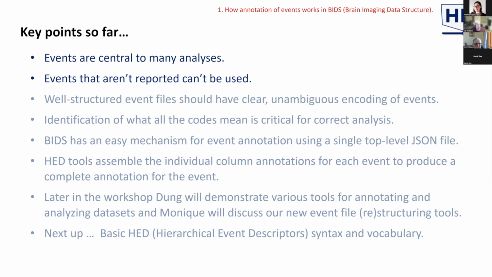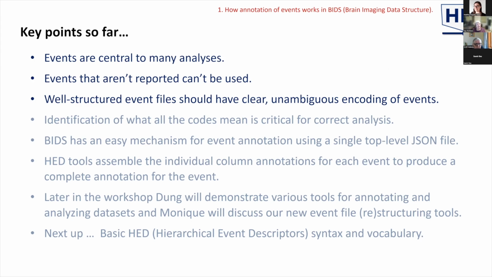So reporting events is really important. It's also important to have well-structured event files and unambiguous event codes. If you don't, someone who uses your data is going to have to write code to reorganize it or do other kinds of custom coding.